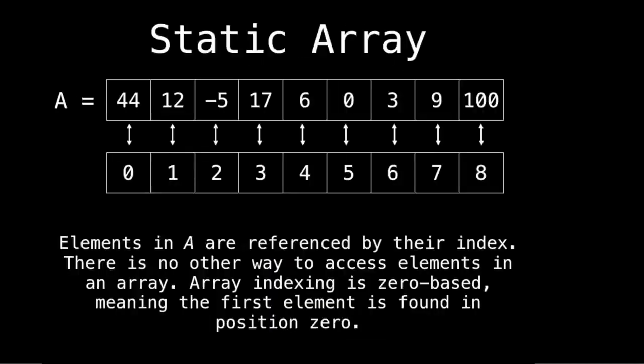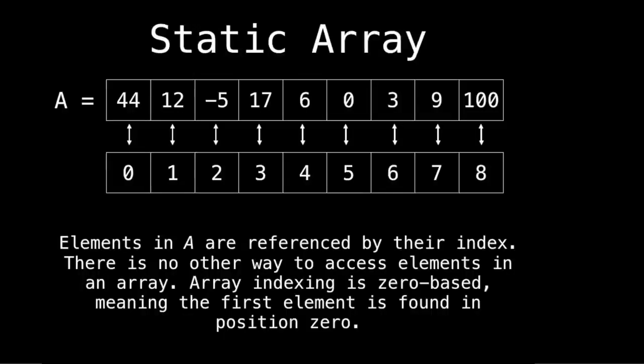Okay, so we have a static array A I've defined at the top. A contains the values 44, 12, minus 5, 17, 6, 0, 3, 9, 100. Currently all the elements are distinct, but this is not a requirement of an array.